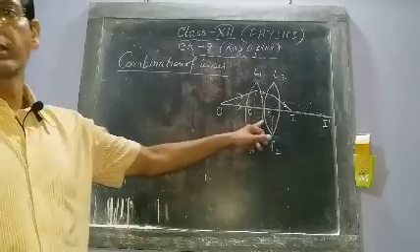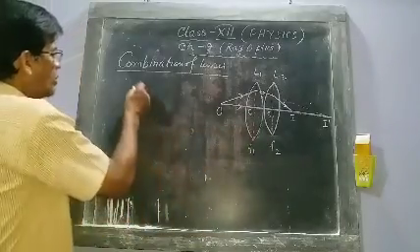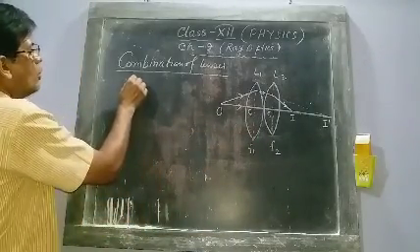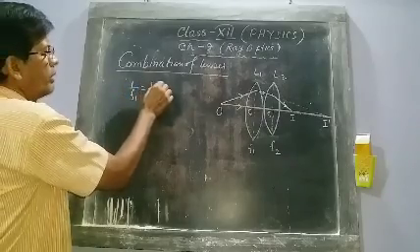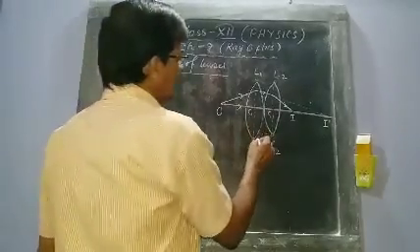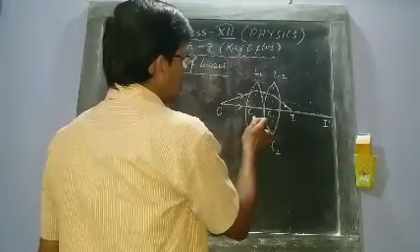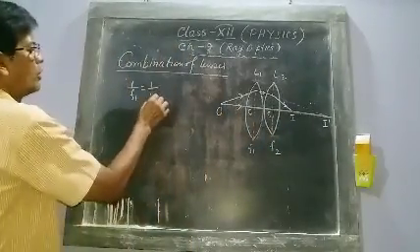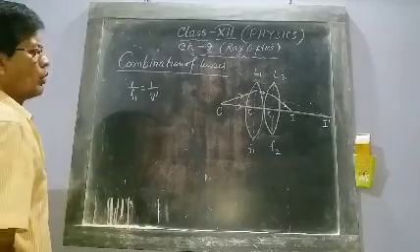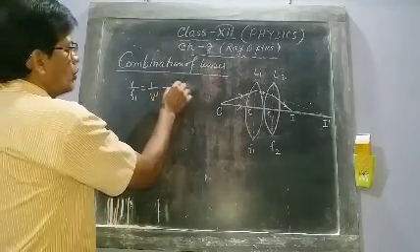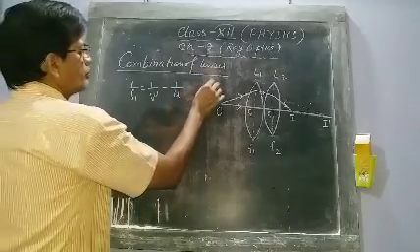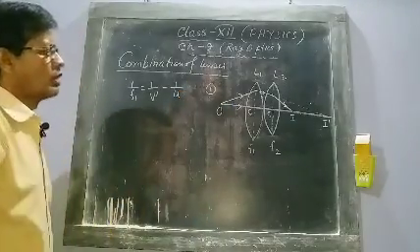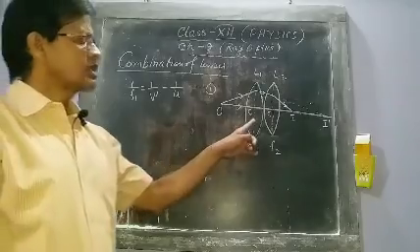So for the first lens, what we can say? 1 by f1 equal to 1 by v dash minus 1 by u. This is the image distance for the first lens.